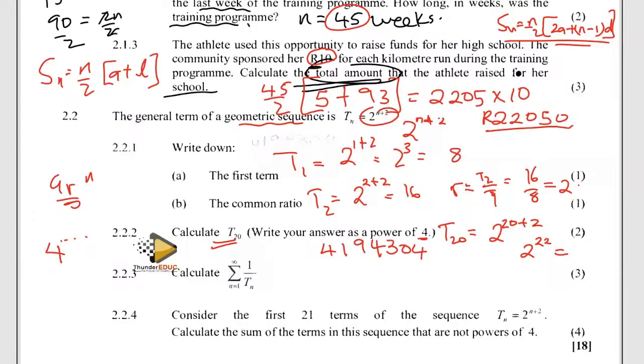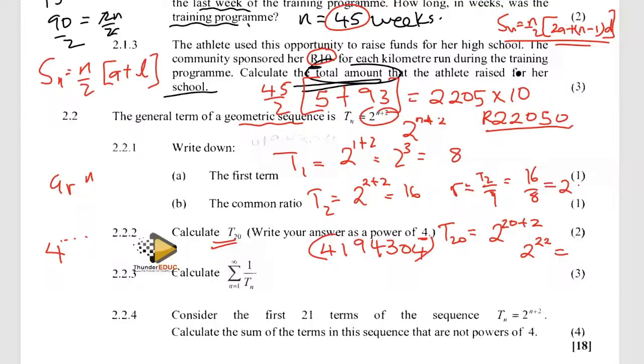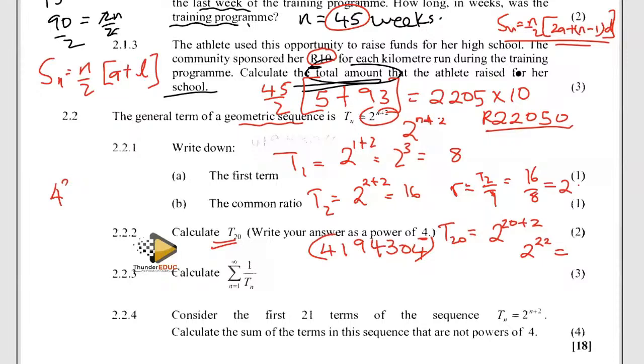Okay. Now, how do I express this as a power of 4? I can use logs to do that. Let me just erase this and show people. We're saying we have 4 to some exponent that we don't know that should give us this answer, which is 4194304.